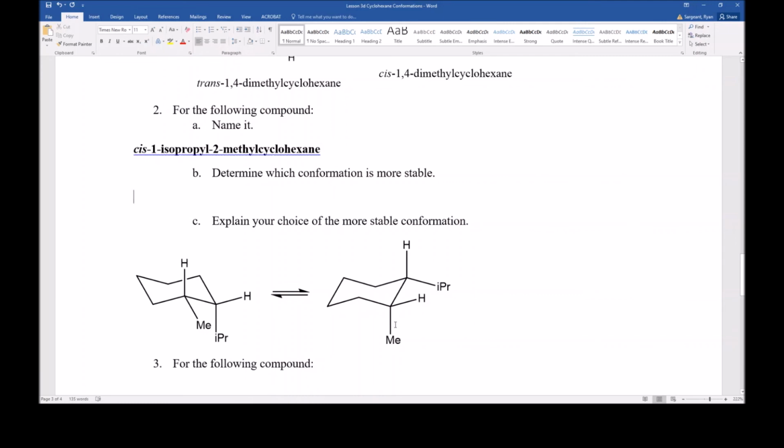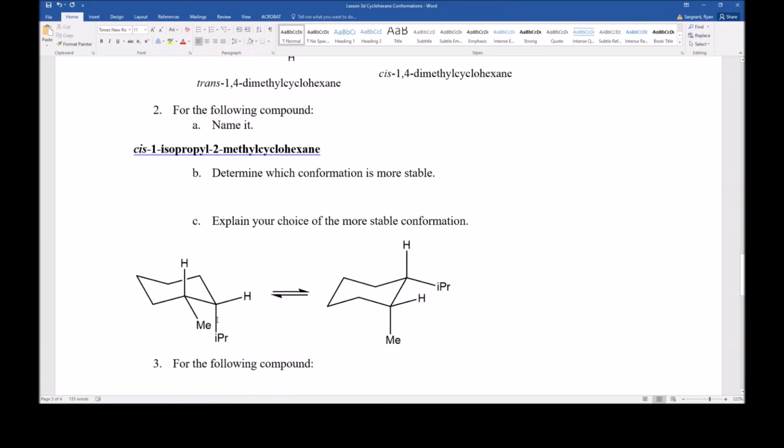And the short answer, and all the examples I'll show you, is you choose the conformation that puts the highest number of carbons in the equatorial position. So here, the isopropyl group with its 3 carbons is equatorial, and my methyl group with its 1 carbon is axial. So the right-hand side shows me 3 carbons equatorial, 1 carbon axial.